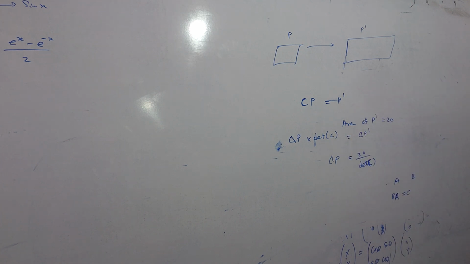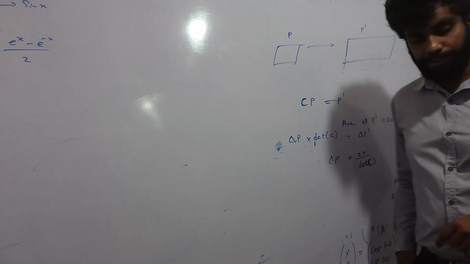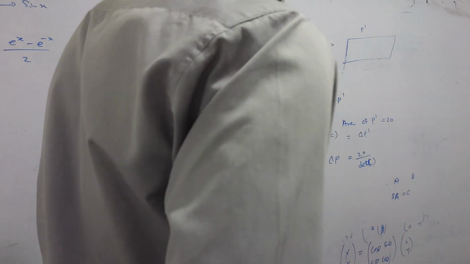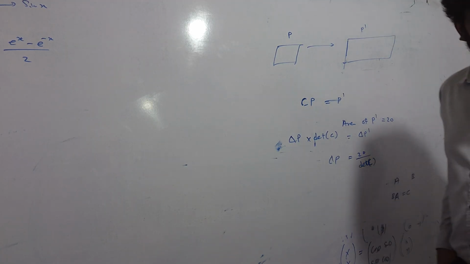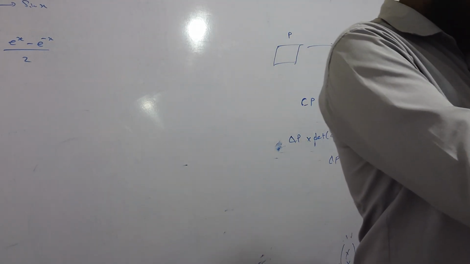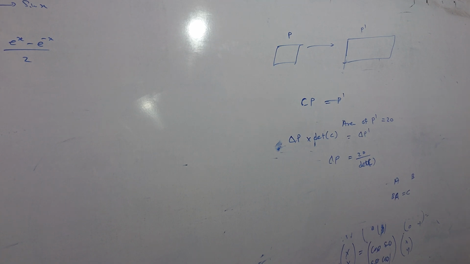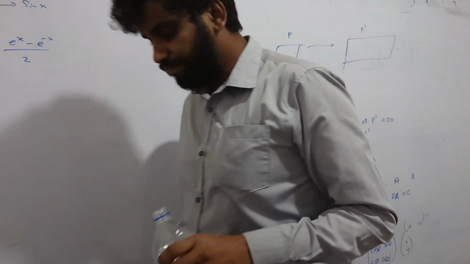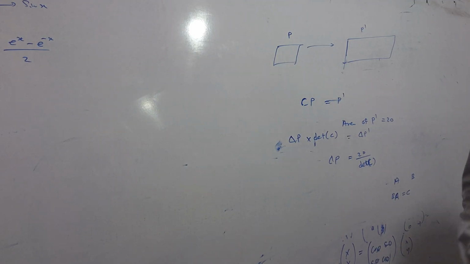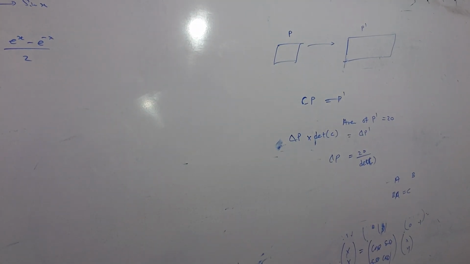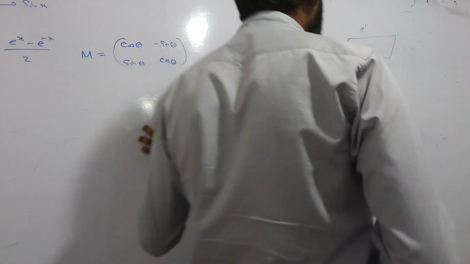The area of P times the determinant of the transformation matrix C is equal to the area of P dash, which is 20, divided by determinant C. Then we were supposed to find the area of the parallelogram P.